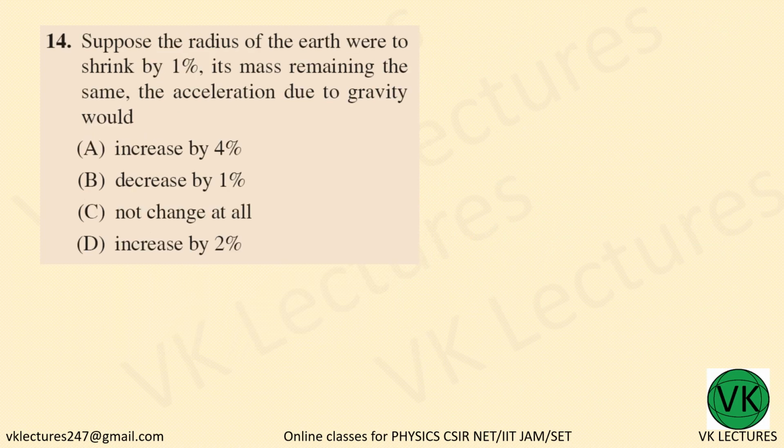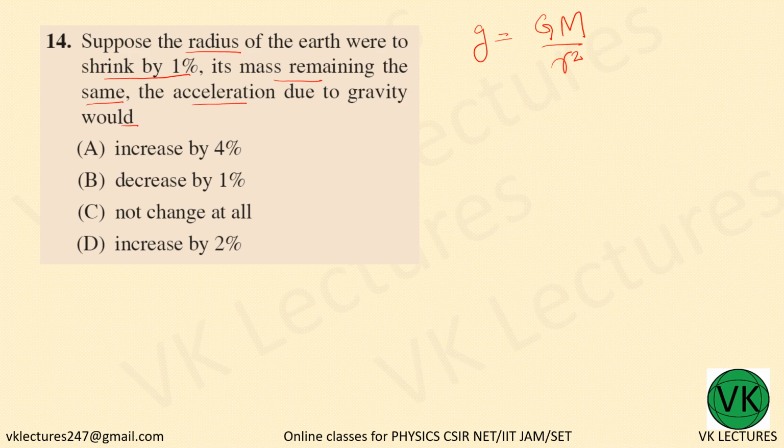Suppose the radius of the earth were to shrink by 1%, with its mass remaining the same. What would the acceleration due to gravity be? Now what is the formula? g is equal to capital G into M divided by R square.